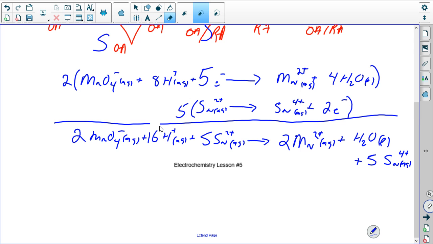So, step 1, a little more complicated than we're used to. Write the balanced chemical equation using the 5-step process. The important part of this is the 5 moles of tin 2 required to balance 2 moles of permanganate.